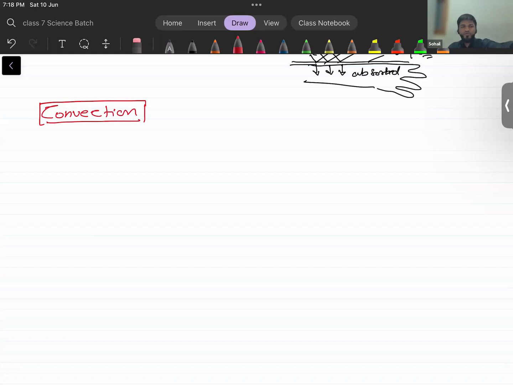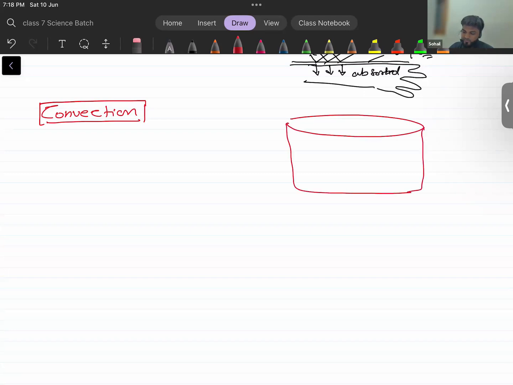Convection is basically the transfer of heat from the hotter parts of a liquid to its colder parts by the movement of the liquid particles, or gaseous particles. See, this is a beaker, and it is being warmed by some source of heat. Heat is being applied from here.